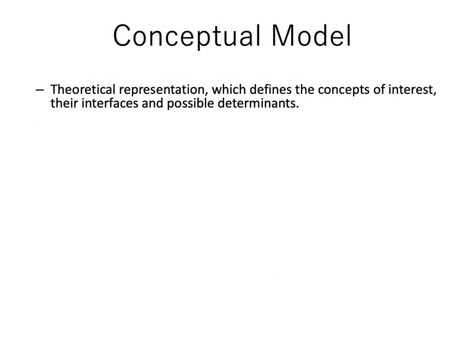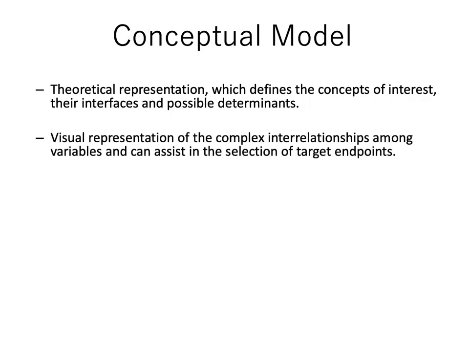One way to do this is to create a conceptual model, or a theoretical representation that defines the concepts of interest, their interfaces, and their possible determinants. So it's a visual representation of a complex set of interrelationships of variables, and it can help you really hone in on the areas of greatest importance for your new measure.